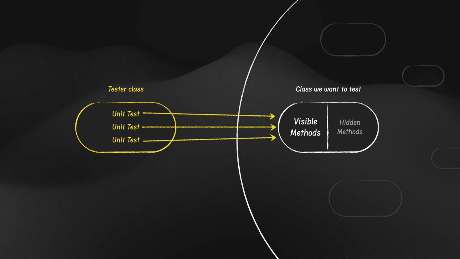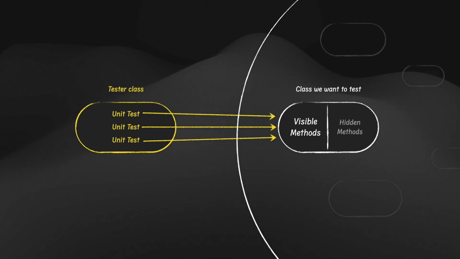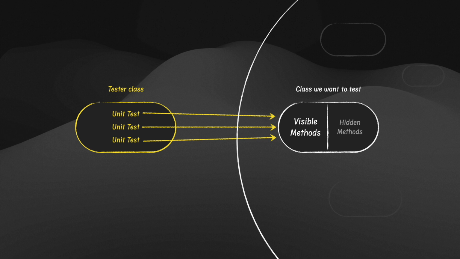These unit tests are basically methods that call the visible methods of the class we want to test to make sure they work as expected. These unit test methods use the class we want to test in different ways to ensure the class we want to test works as expected under different usage scenarios. Note that the hidden methods are tested indirectly. If we want to test them directly, then we need to make them visible.